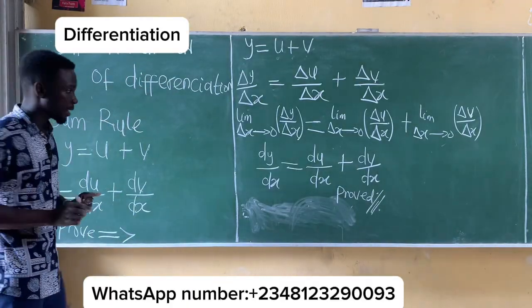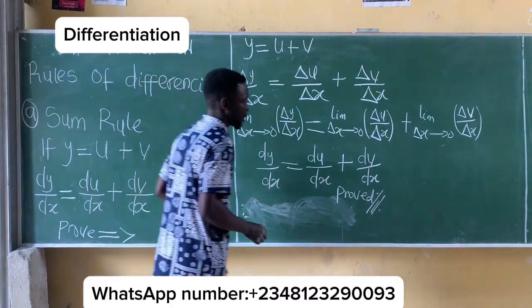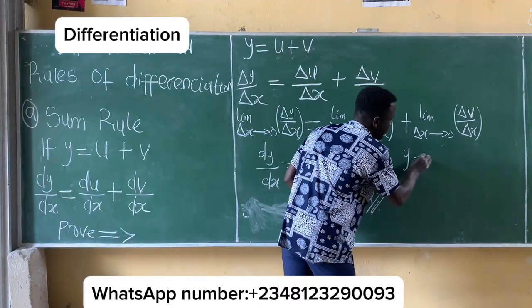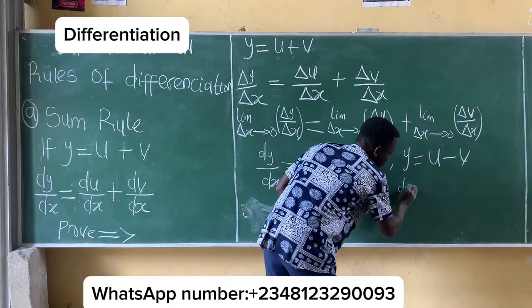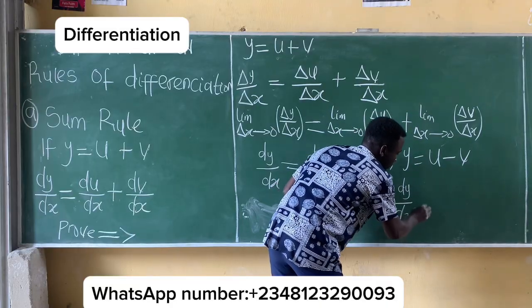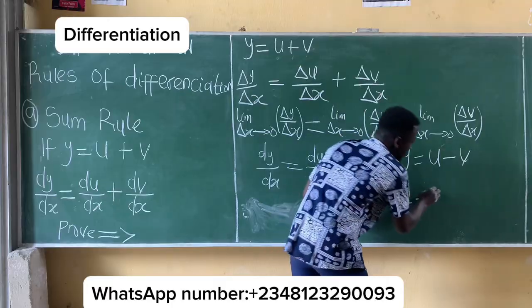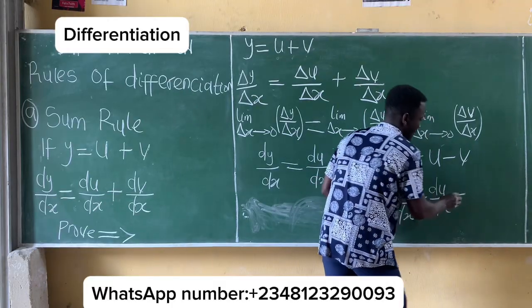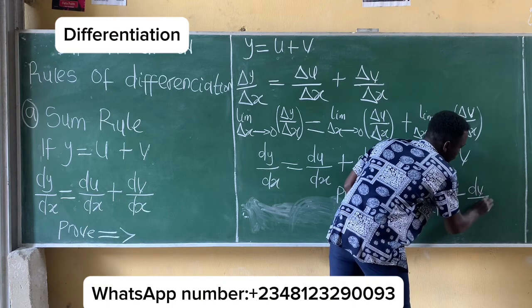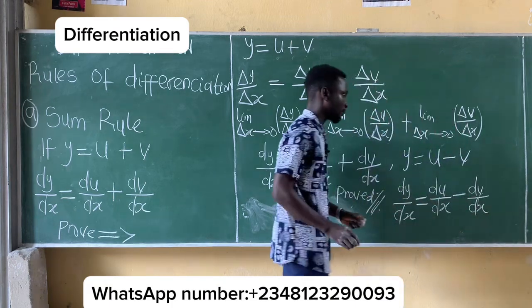Now, in the same way, if y is equal to u minus v, your dy/dx is also equal to du/dx minus dv/dx.